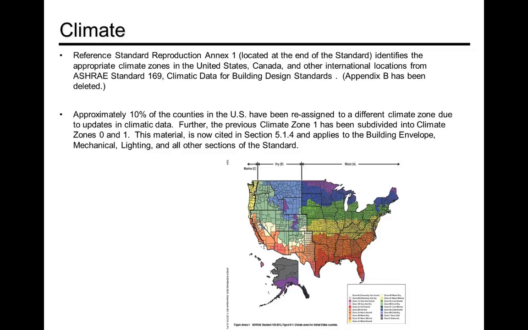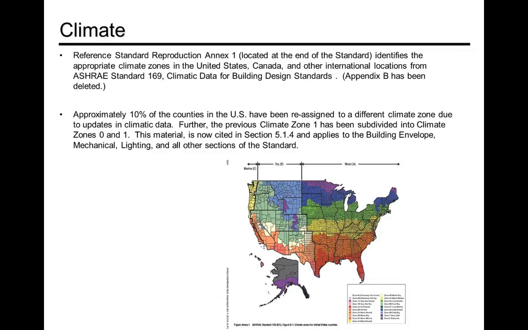It includes climate zone information for the United States, Canada, and other international locations. And the point here is that we have identified certainly the 169 as the normative reference, but we've lifted a number of tables, maps, etc., and put them in this reference standard reproduction annex.